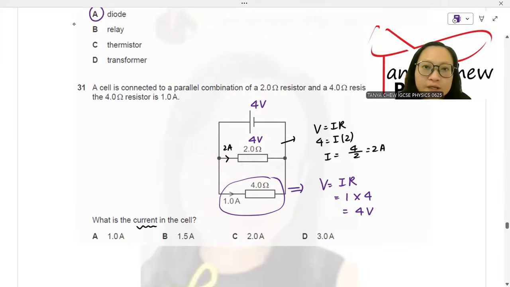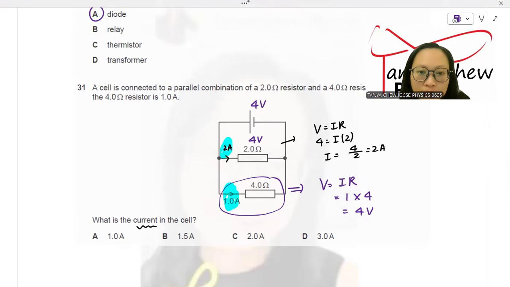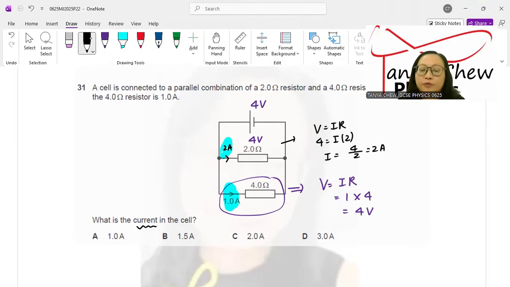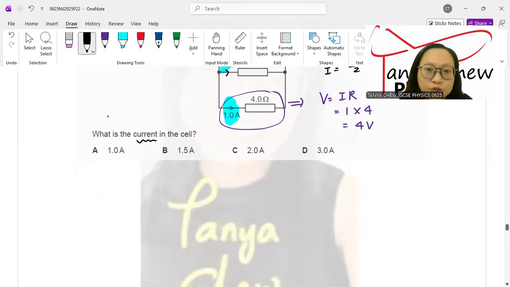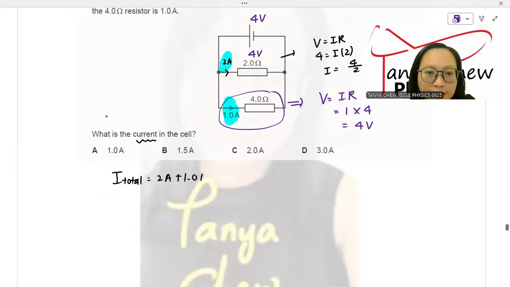The current in the cell is the addition of the currents that flow through the 2 ohm and the 4 ohm. So the total current, I total, is equal to 2 ampere plus 1 ampere. So the answer is 3 ampere. D is the answer.